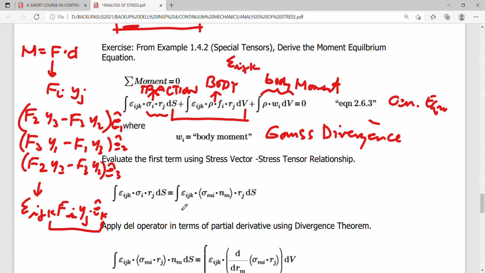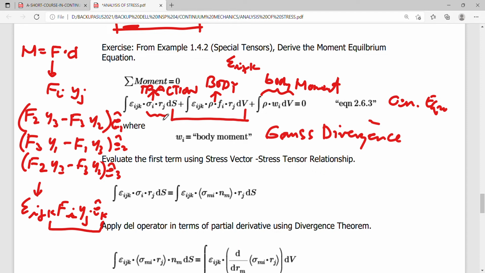But first we need to change the traction variable into a tensor variable by using the vector-tensor relationship.